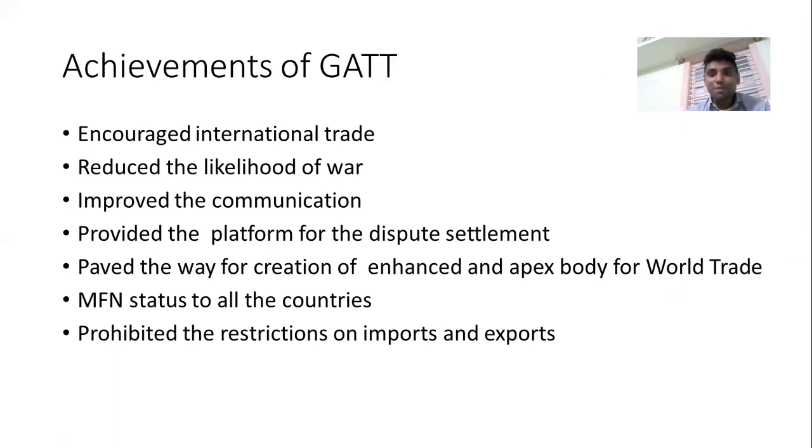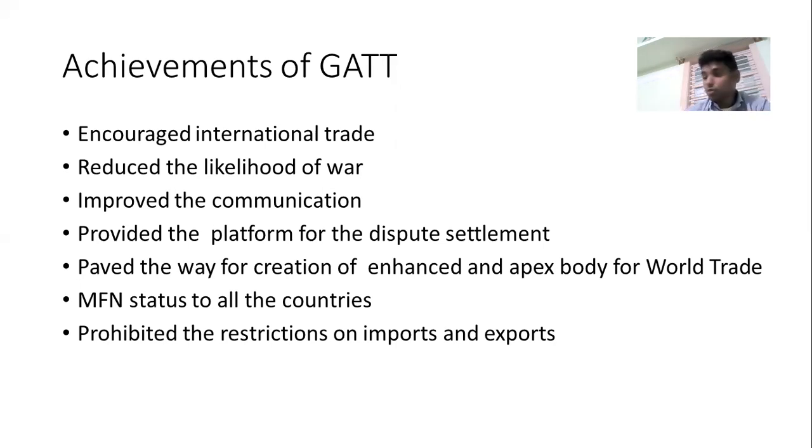One of the very important contributions of the GATT was in averting such a war, though on trade grounds. And improved communication. Many countries started communicating with each other, making trade much easier. That also was a very important success for the GATT. It provided the platform for dispute settlement, and paved the way for the creation of an enhanced apex body for world trade.